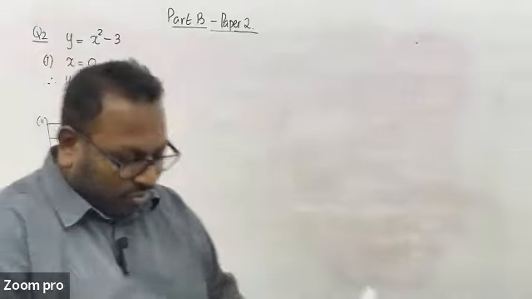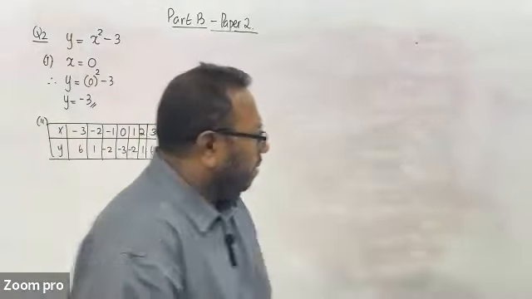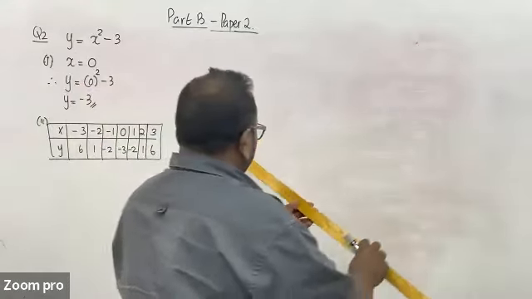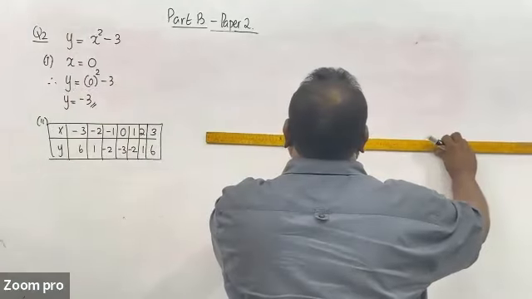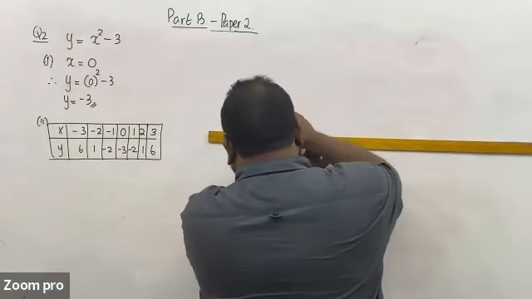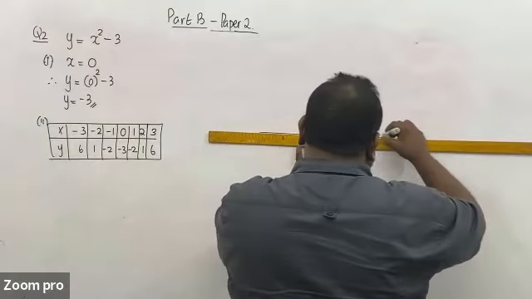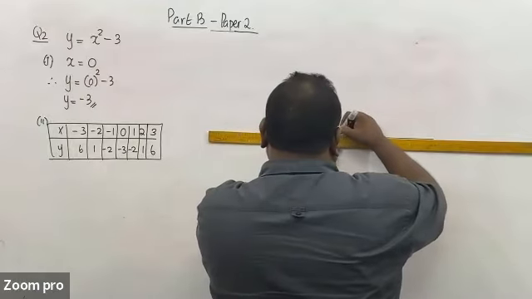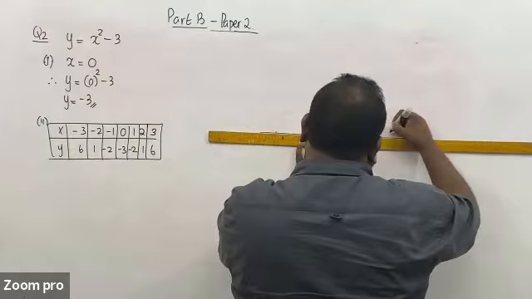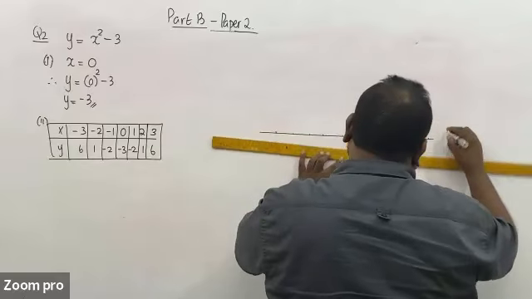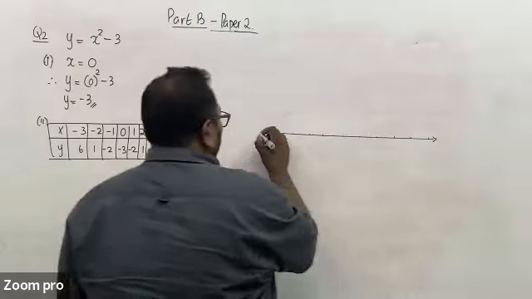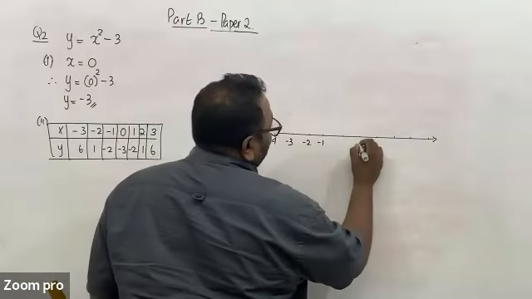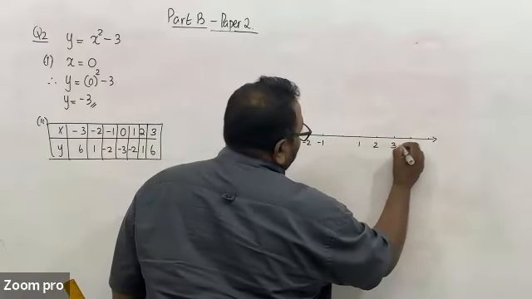Let's draw the graph. So what does the graph look like? You want from -3 to +3. -4, -3, -2, -1, +1, +2, +3.